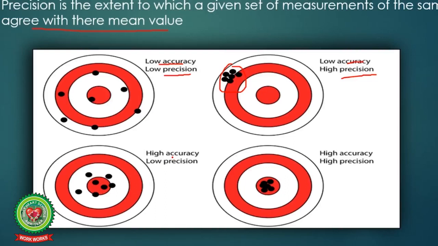It means it has high accuracy but low precision, because some of the hits are away from the center point. In the last case, it is high in precision because every time it is striking at the same point, and it is high in accuracy also because it is striking at the center of the target. So this is the difference between accuracy and precision.